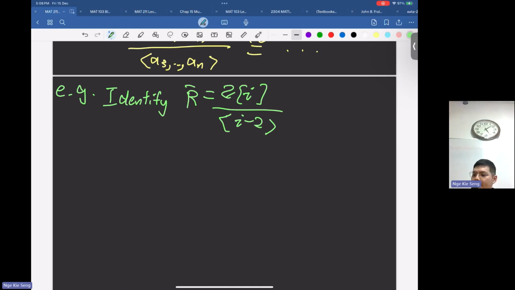What is this ring here? Z[i] quotient by i minus 2.